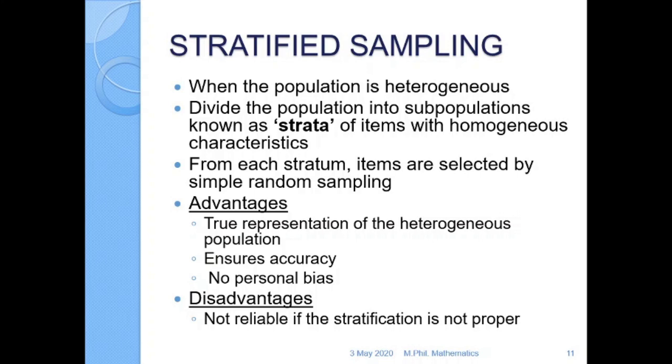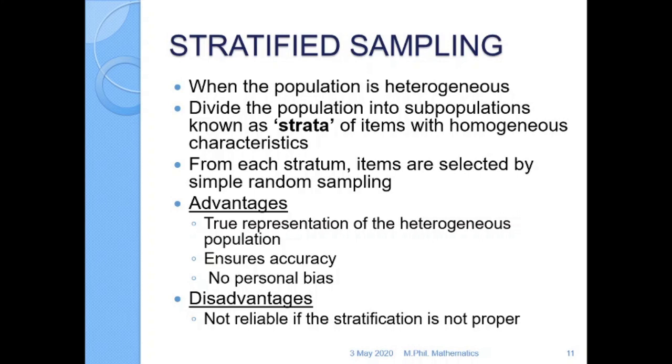This is the most commonly used sampling technique when the population is a heterogeneous population. The heterogeneous population is divided into small subpopulations known as strata. Each stratum contains items or units with homogeneous characteristics.